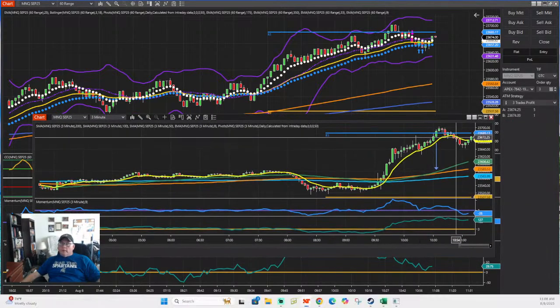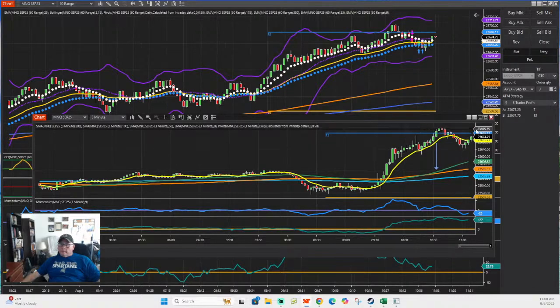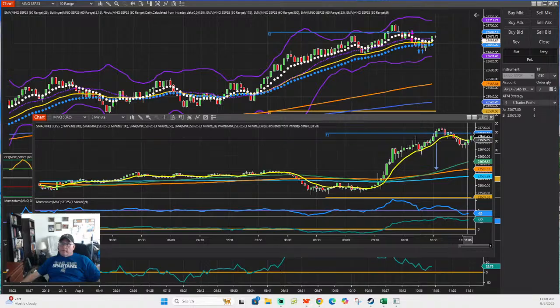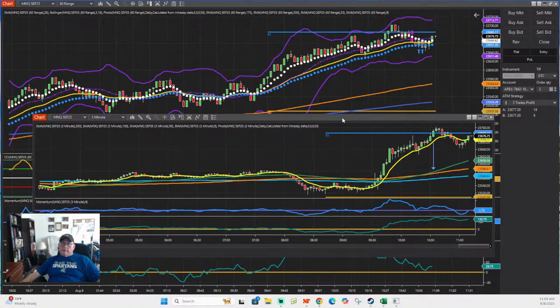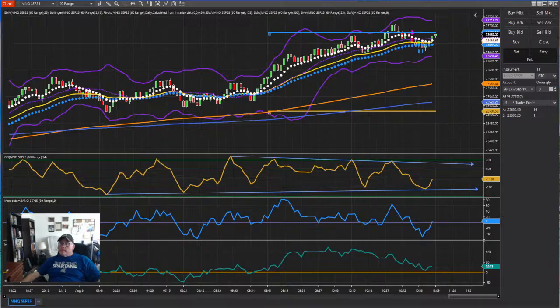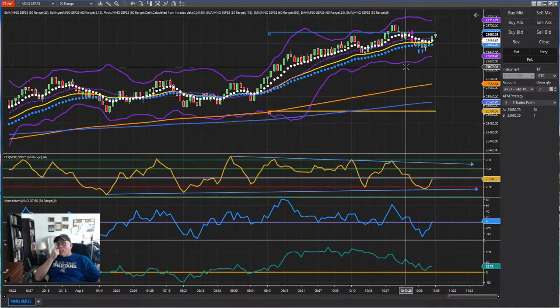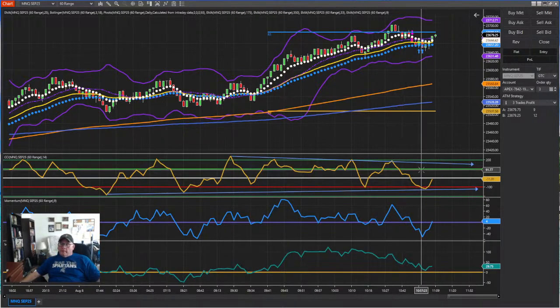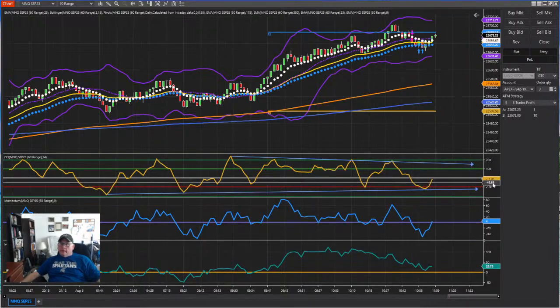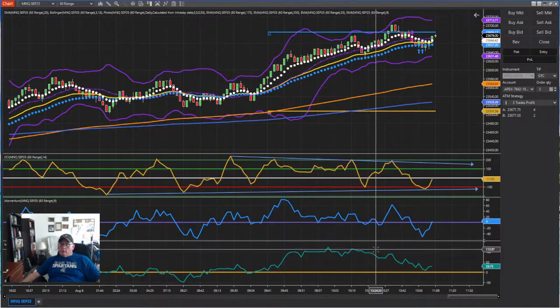Three-minute chart is showing this. Ideally, I like to see a red bar form before I even think about shorts, if I even short. Closing in on the 0 line, maybe a buy signal here. Minus 100, plus 100.